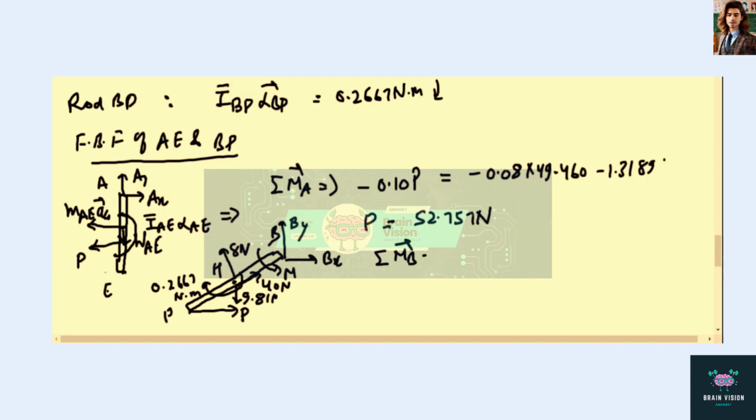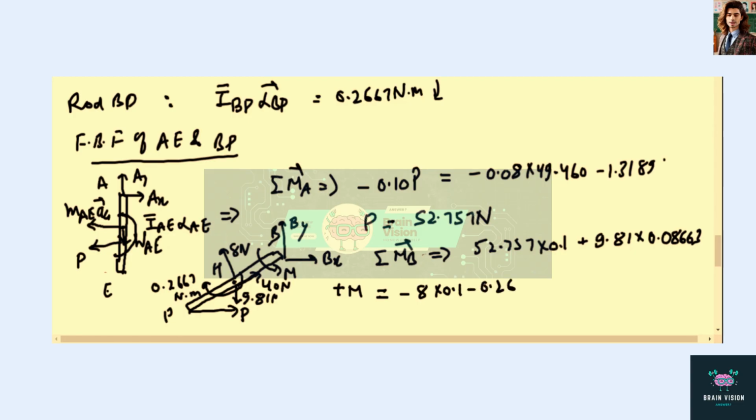Now finding moment of couple about B point, we will get 52.757 into 0.1 plus 9.81 into 0.08663 plus M is equal to minus 8 Newton into 0.1 minus 0.2667.